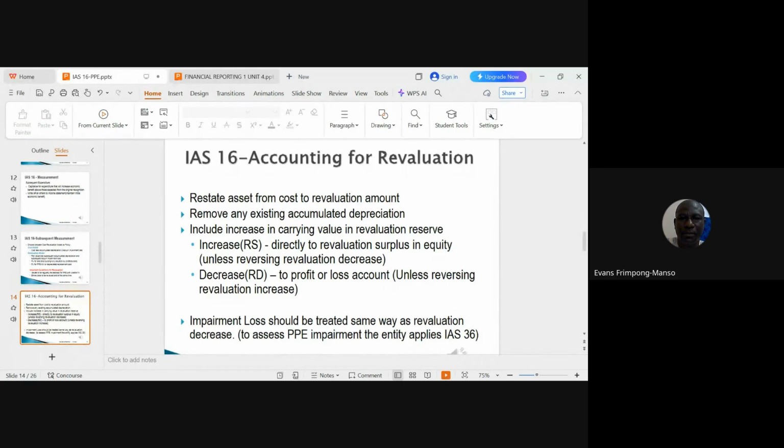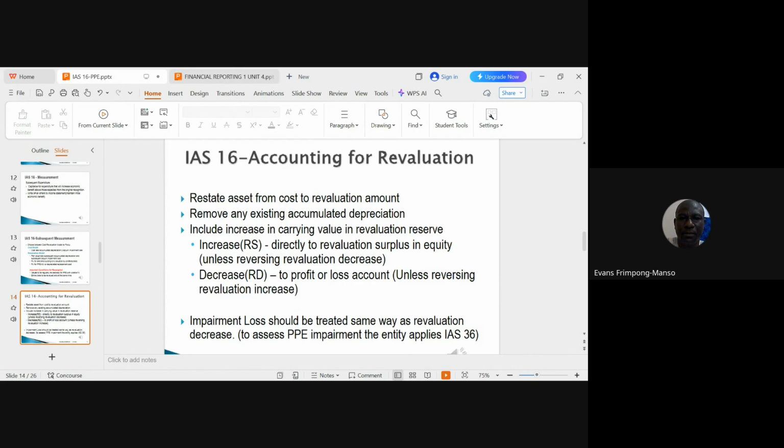But where under revaluation you have the value decreasing, which is a loss, then that loss is taken to the profit or loss account, and you name it as revaluation loss or decrease in revaluation. So that's the treatment. If we get profit or surplus, it will go to the statement of changes in equity.